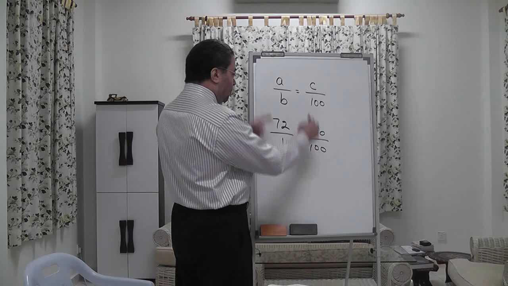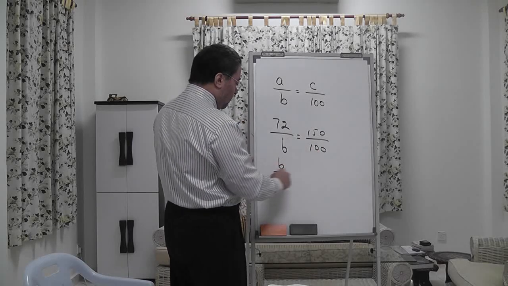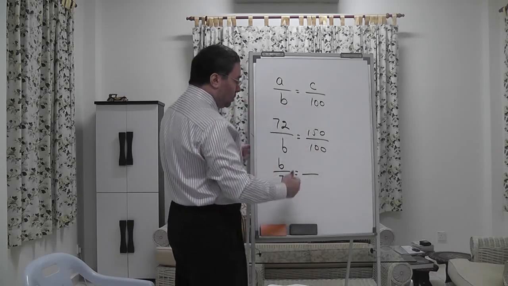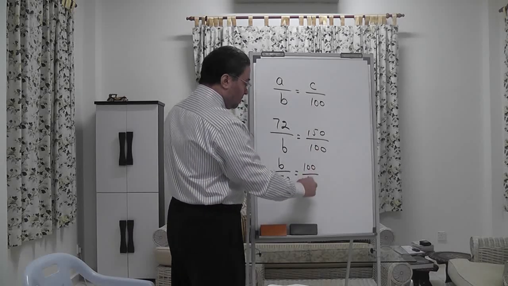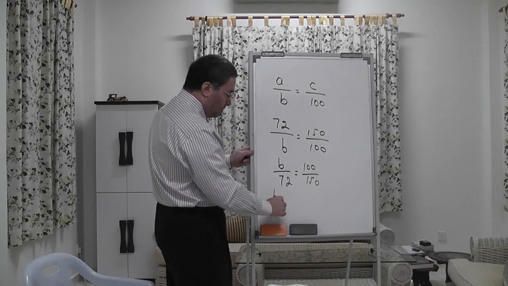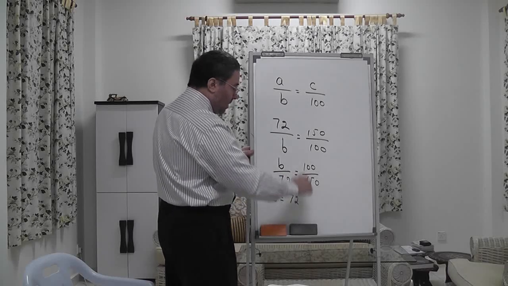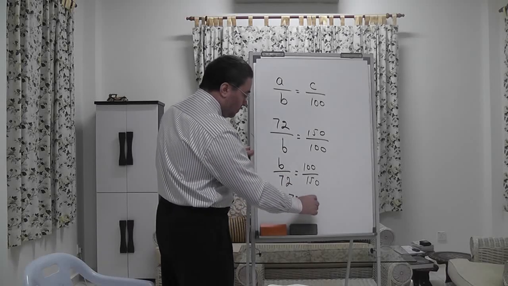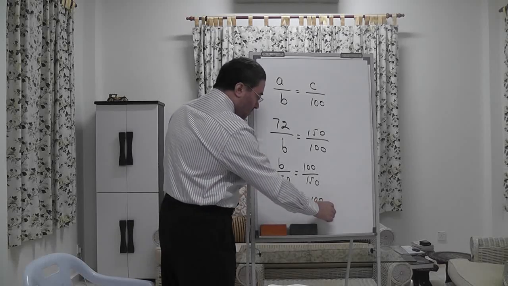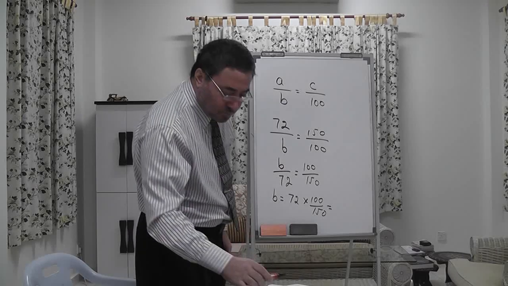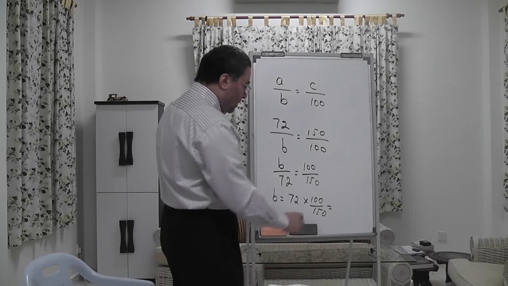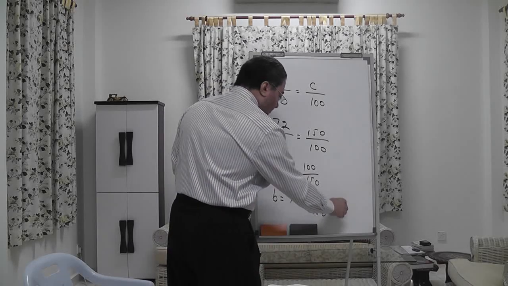The fastest way is to flip these two ratios, and then to get B, we multiply both sides by 72. And now we get the number. In this case, the number is 48.